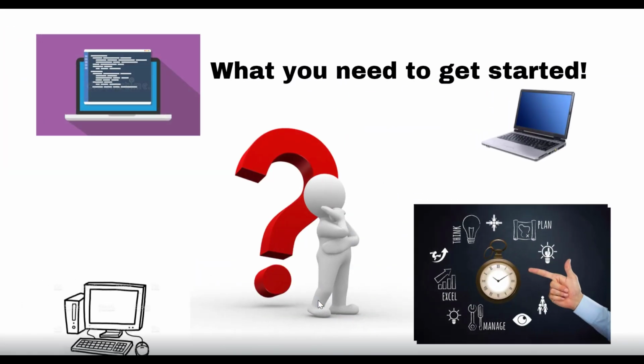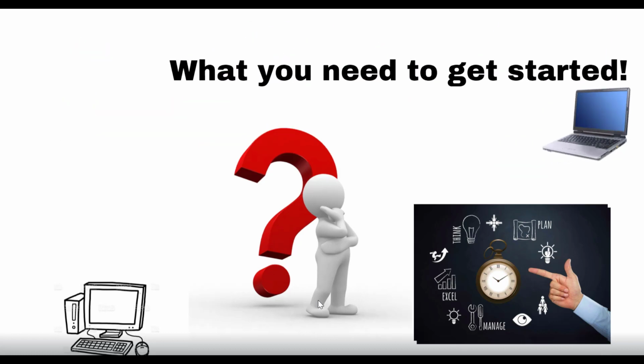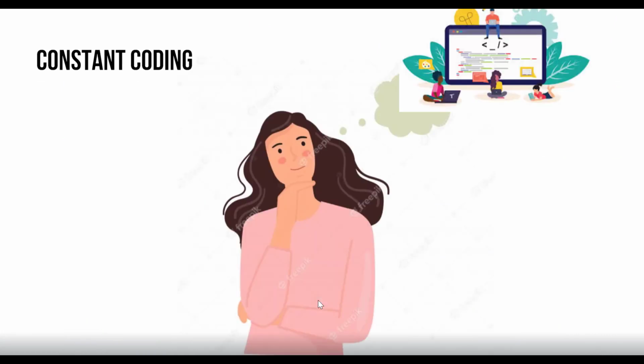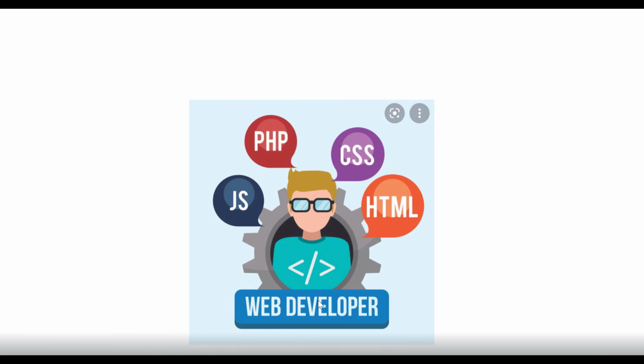To get started, you just need a computer or laptop, a code editor, and you need to know how to manage your time properly. Constant coding is the key to becoming a software developer. You cannot become a developer without coding. So you have to think more as a developer and code more, and you should learn these four basic things, HTML, CSS, PHP, and JavaScript, to become a web developer.